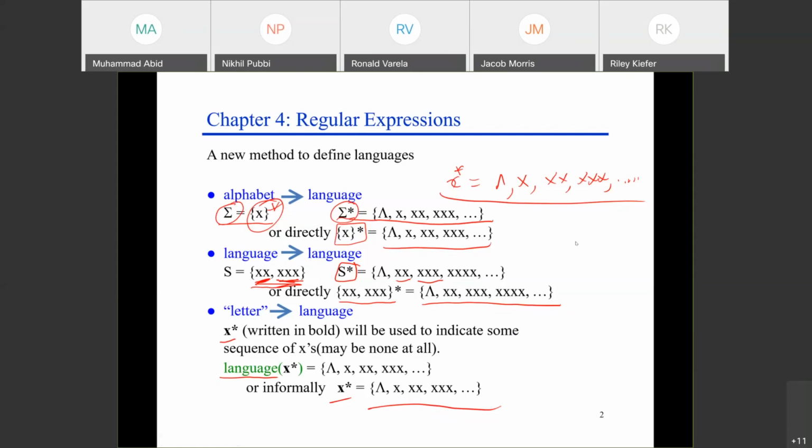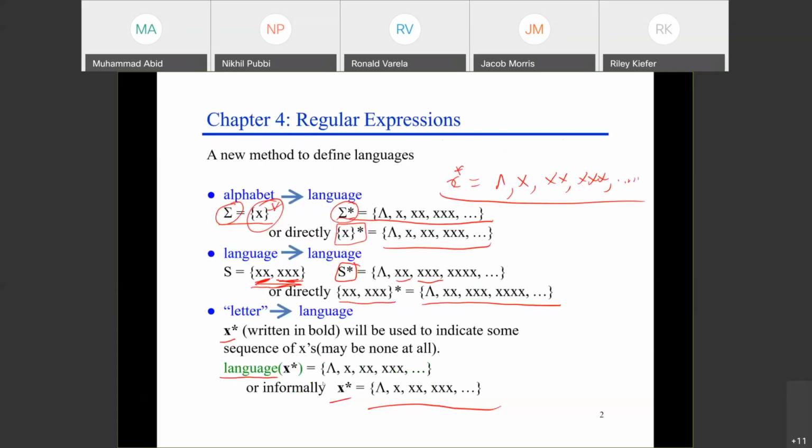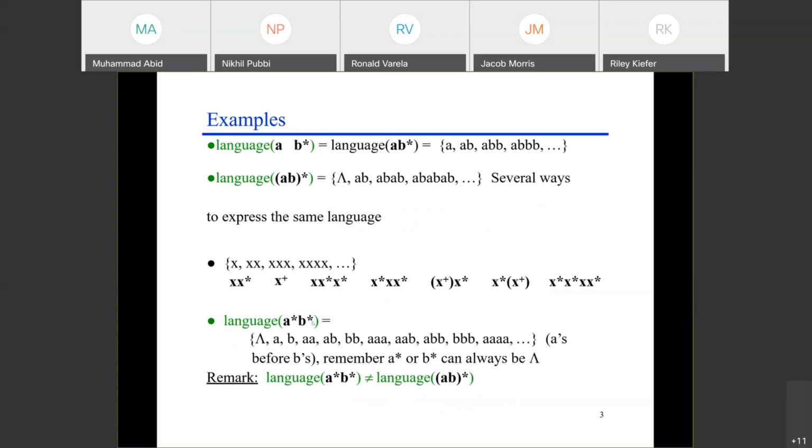Yes. So now we are going to the next slide, and we are saying that, let's say I do not have one letter, I have more than one letter. Then how do we write it? So I have A and B star. Now you understand what it means. So I have a language which has A and B star. There is a space in between, but when we write it here we do not write a space.